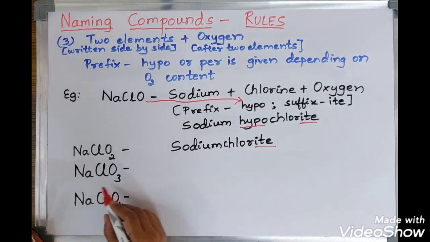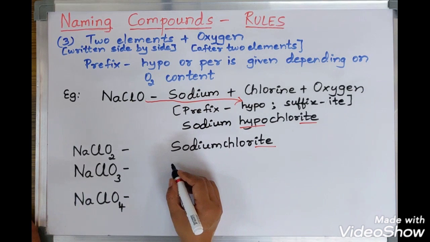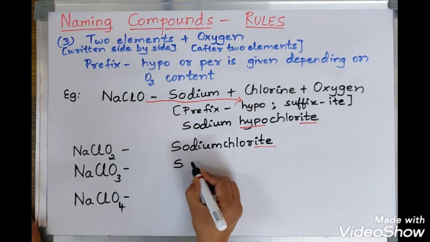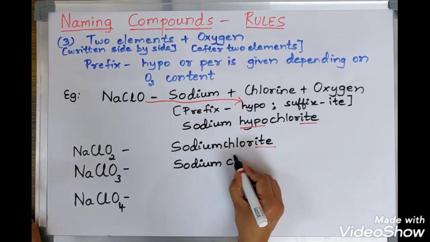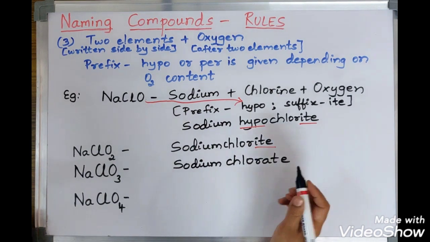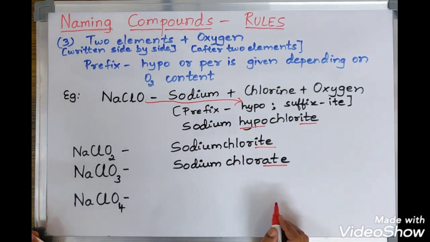Now the third compound, NaClO3. The atoms remain the same, so I am not rewriting the atoms. I will write only the chemical name, sodium chlorate. For 3 atoms there is no prefix, but we have a change in the suffix, and that is ATE.